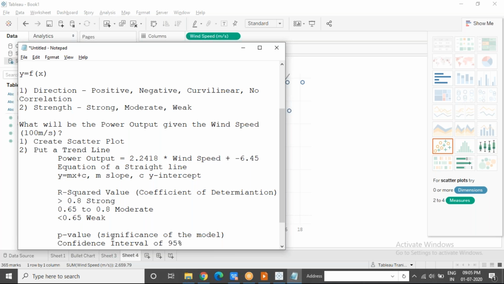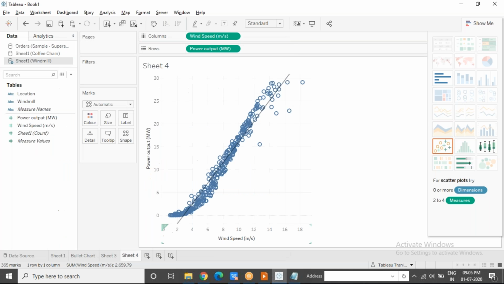Then, significance of the model. As long as the p value is less than 0.05, the model is considered to be a significant model, meaning we can rely on that model. Depending on the accuracy of your data, depending on how well the data is collected, you can get a p value which is way less than 0.05, a very significant model.